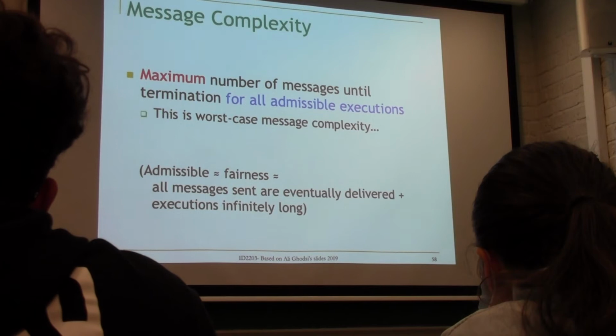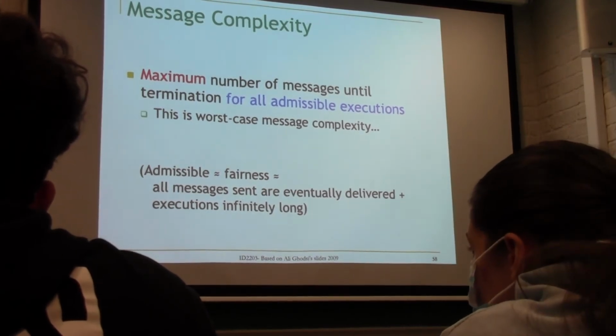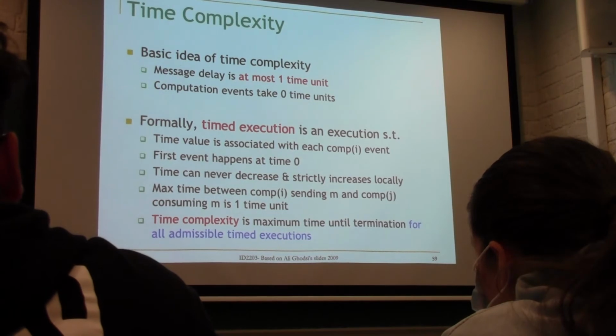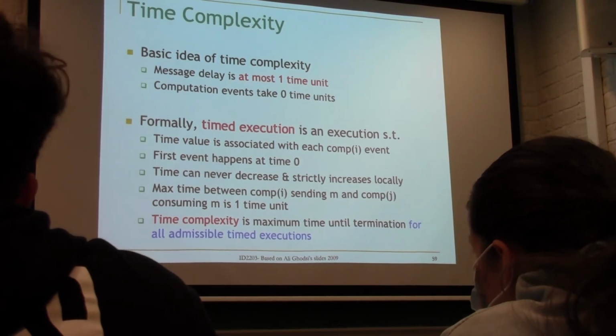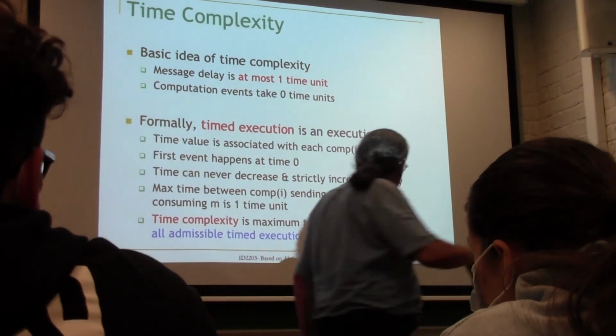But it's not the same as how much time it takes, because you can have n time steps, but many more messages going around, because each process can be sending messages on every step. So the time complexity is a different thing.